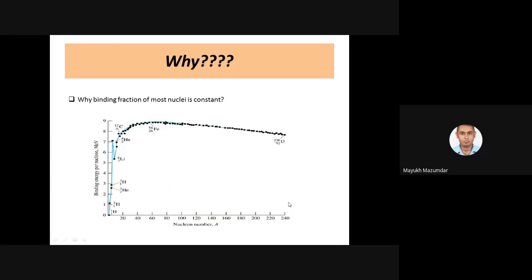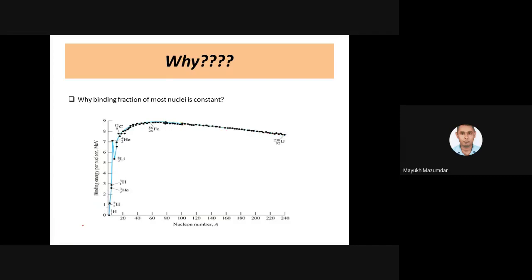Like the first one was the consistency, not constancy rather, of the binding fraction in this region. It doesn't look like a straight line which I just drew, but it was more or less constant.